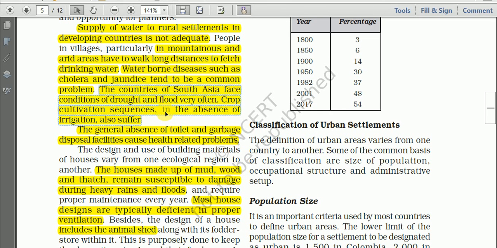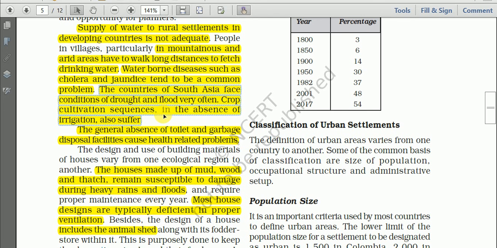So this is one of the most common phenomena, or you can say characteristics of this monsoon. Sometimes due to heavy rainfall there will be flood, and sometimes due to less rainfall there will be drought in some particular areas. So in the countries of South Asia, drought and floods are very common, very often.